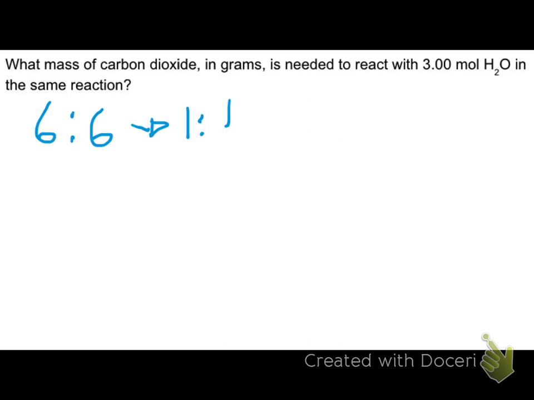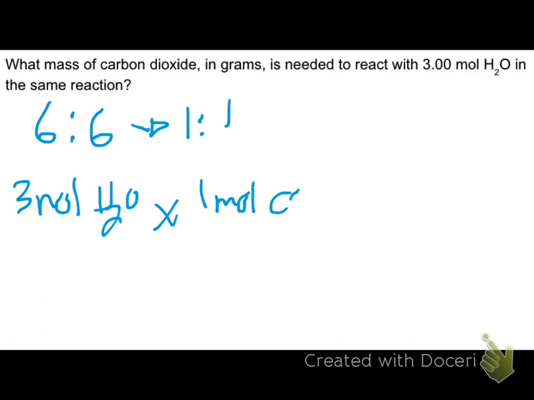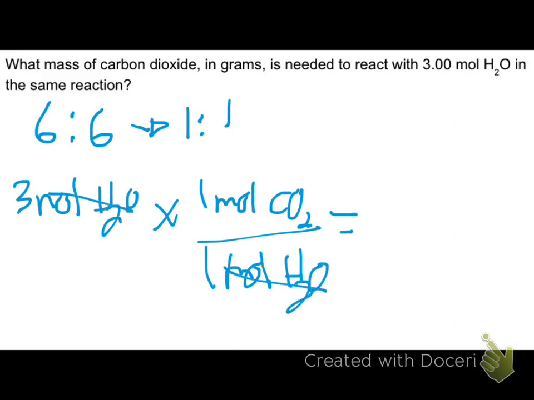But if you're a person who needs to see processes, you can still write it out and say 3 moles of water times 1 mole of CO2 over 1 mole of H2O, so that your moles of H2O cancel, and you wind up with 3 times 1, which is 3 moles of CO2. Okay, so you can go through this process if it helps you to see the process, or whenever you have a 1-to-1 ratio, you can just know that you'd have the same number of moles.